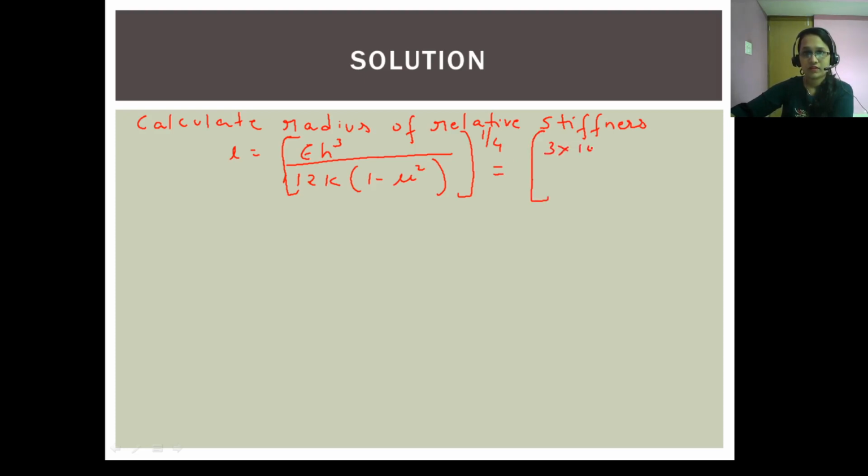Three into 10 raised to 5 into, this is given to us, 25 cube upon 12, K value is given to us, into 6.9 is K value, one minus 0.15 square, raised to 1 by 4.